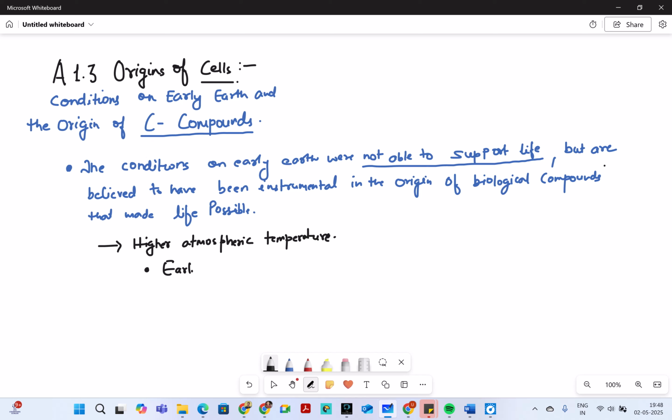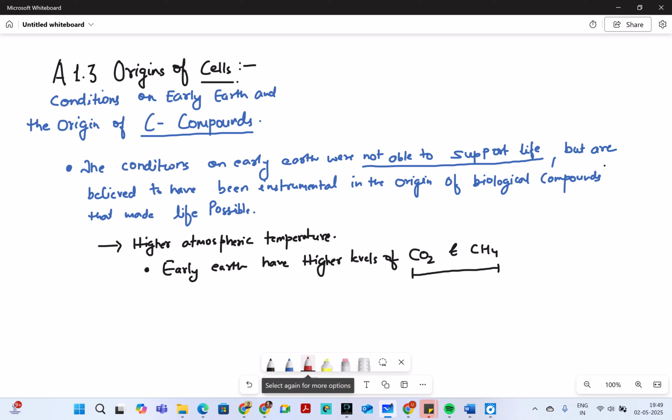So can I say early earth had higher levels of CO2 and methane, CH4. These two compounds were present, and they are still present today also. So what are methane and carbon dioxide? These two are powerful greenhouse gases.